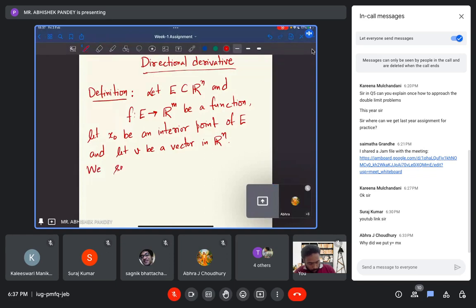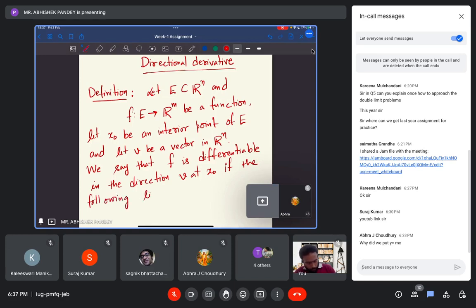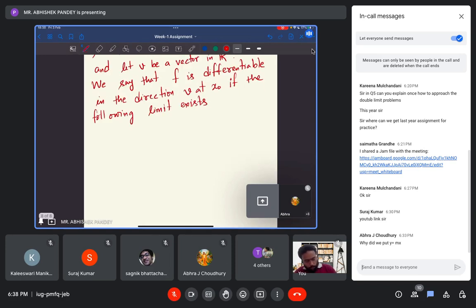So we say that f is differentiable in the direction v at x naught if the following limit exists. So what is the following limit?